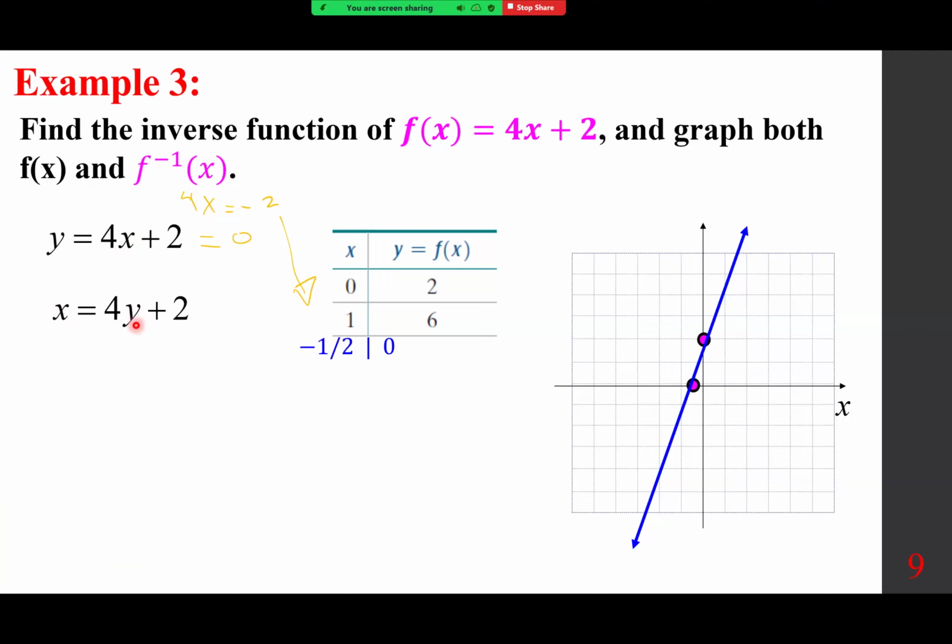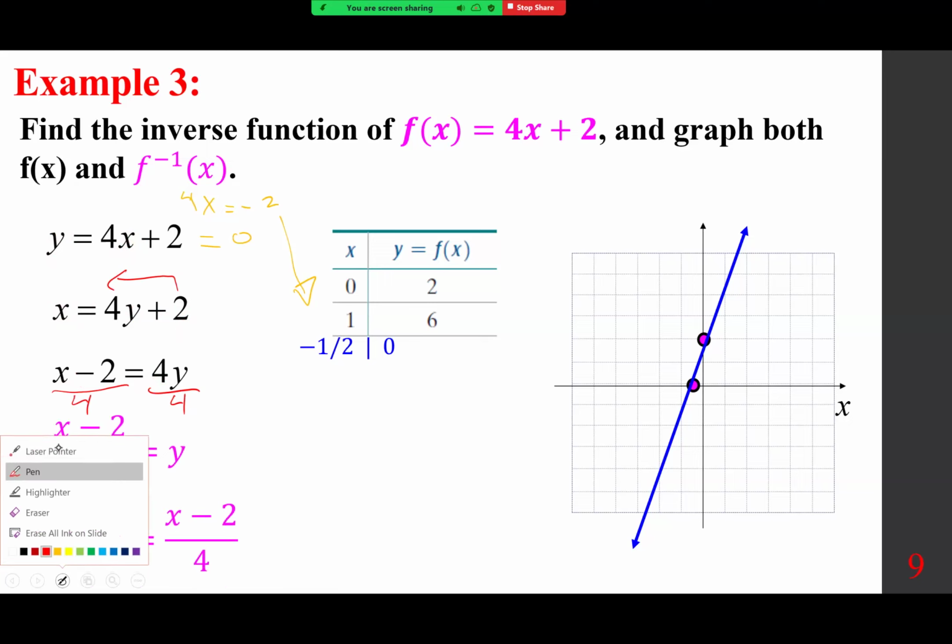And to solve for y, we are going to move the 2, which becomes -2, and we're going to divide both sides by 4. And we call the y f inverse of x. So from f of x, we found f inverse.